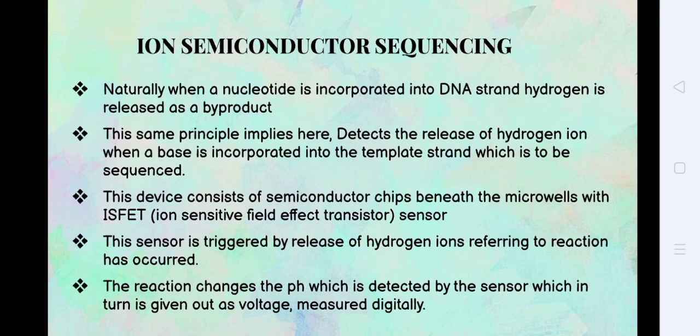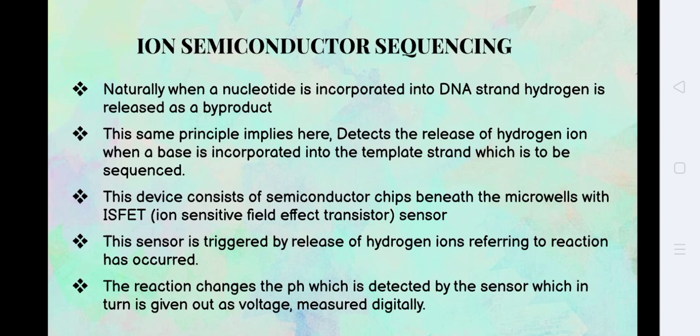This semiconductor chip has an ion sensitive field effect transistor sensor. Whenever a base is incorporated and a hydrogen ion is released, this sensor gets triggered by that release of hydrogen ion. This indicates that the reaction has occurred.